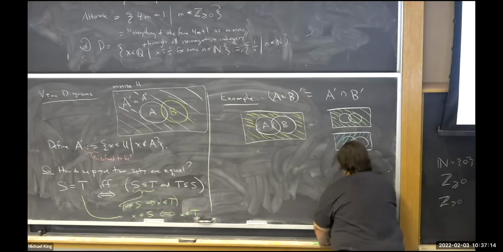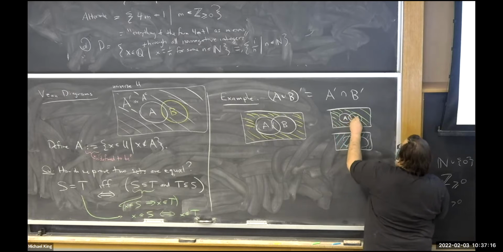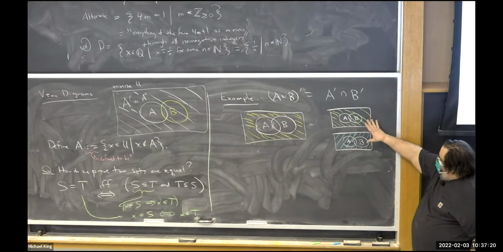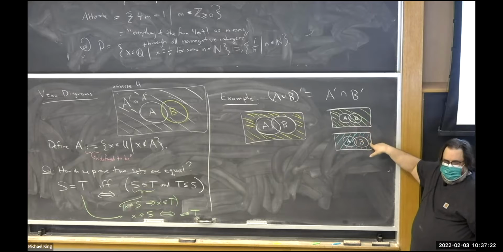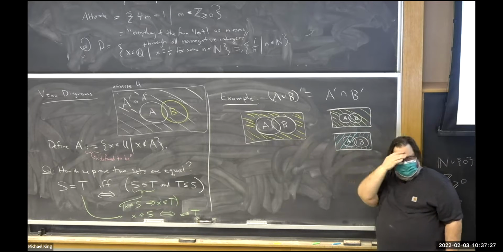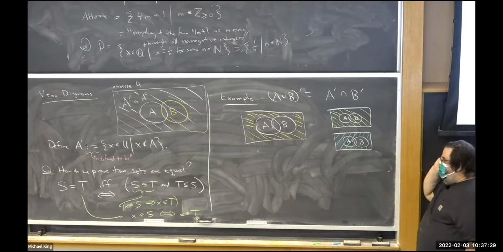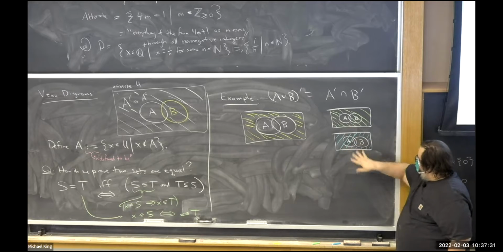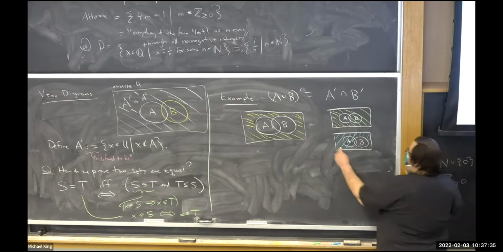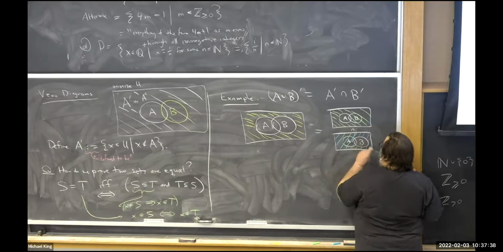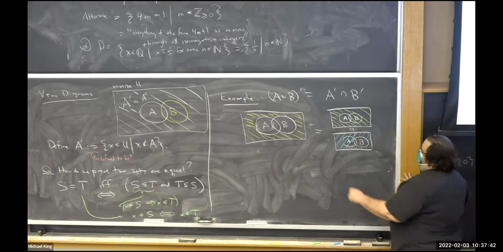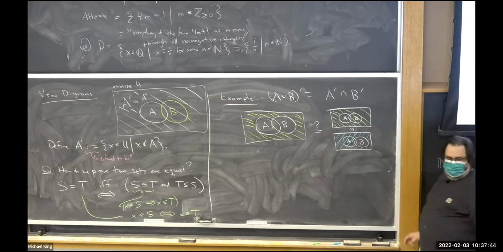I should write A and B. Do you agree if you only take things that are in both of these, then you actually get everything there? A little weird, but yeah, you're intersecting these. You're intersecting all the green stuff and all the blue stuff. I don't think people write it like that, but I could.